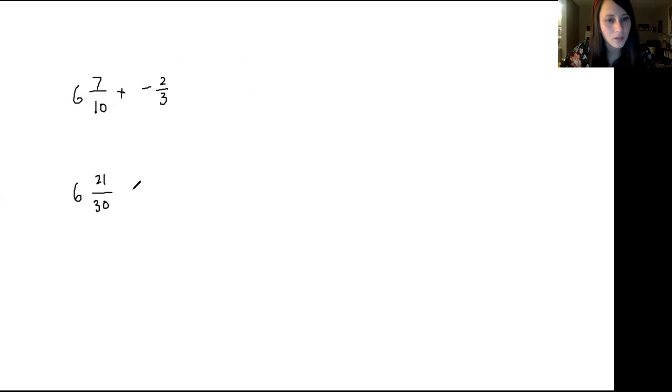Okay, number 7. Got some whole numbers in here. 6 7/10 plus negative 2 over 3. Okay, so let's think. Common denominator, I think 30 would work for this here. And so I've got 6 and 21 out of 30 plus negative 20 over 30.